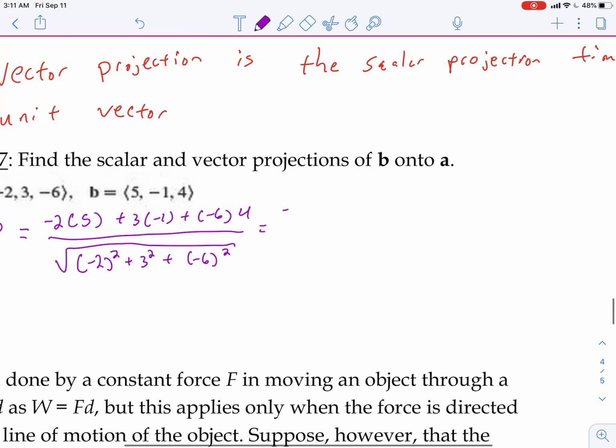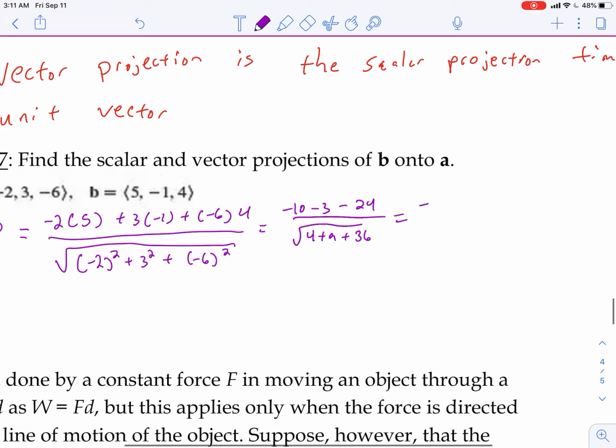And so the numerator is going to give us -10 minus 3 minus 24. And then the denominator, underneath the radical, we're going to get the square root of 4 plus 9 plus 36.